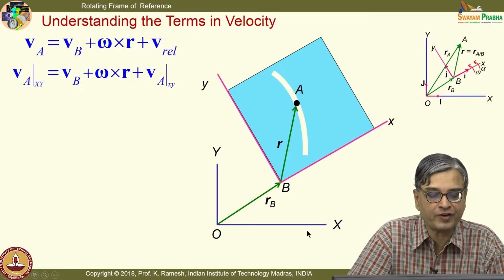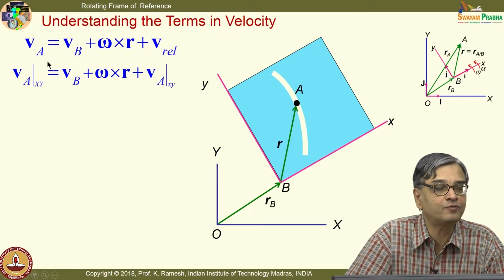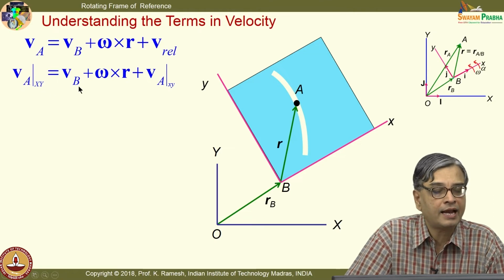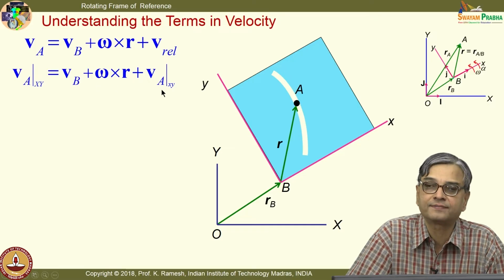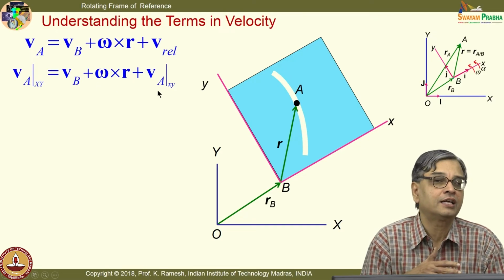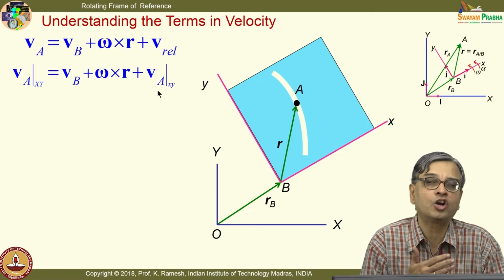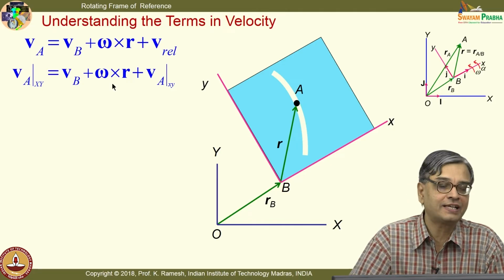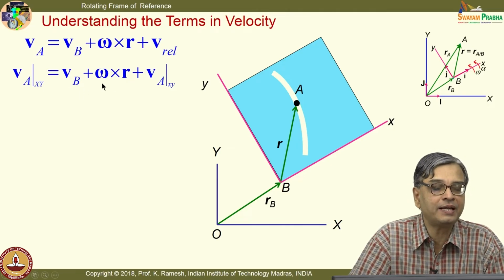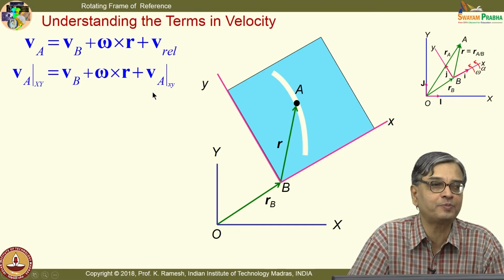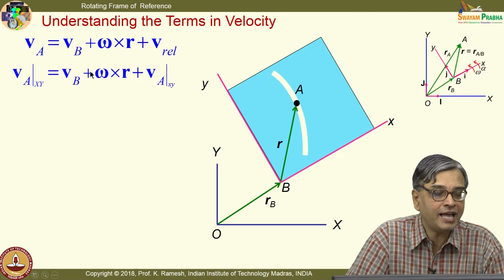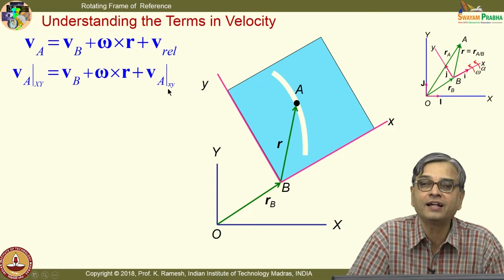Because this is a fixed frame of reference, this is your absolute velocity, and I have this VB as absolute velocity of B. In your non-rotating frame of reference, that is, non-rotating translating axis, if I say VA, I have VB plus VA with respect to B, fine. That VA with respect to B now has two components, omega cross R plus VA xy.